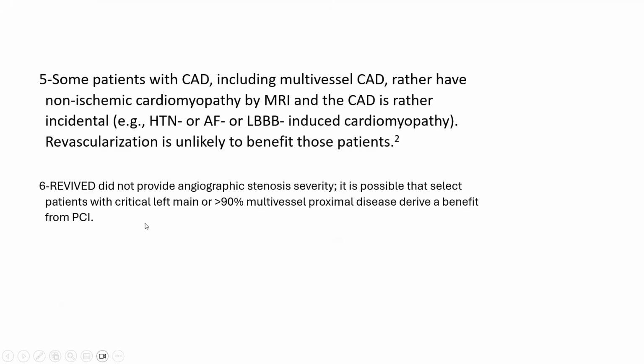The sixth hypothesis is possible, and it is the only hypothesis that still lends support for revascularization in a subset of patients. It would state that REVIVED did not provide angiographic stenosis severity. It mandated stenosis more than 70%, subtending in total more than half of the myocardium. But maybe stenoses that are more than 90% are more likely to benefit than those of 70 to 80%.